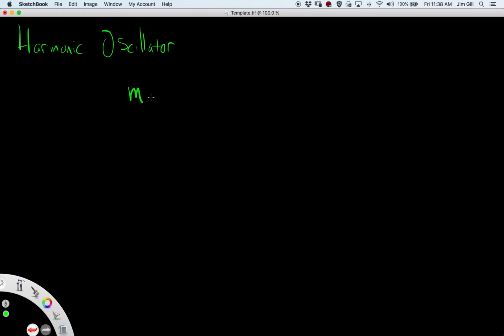We have m times the second derivative of y with respect to time plus a constant b times dy over dt plus k times y is equal to 0.